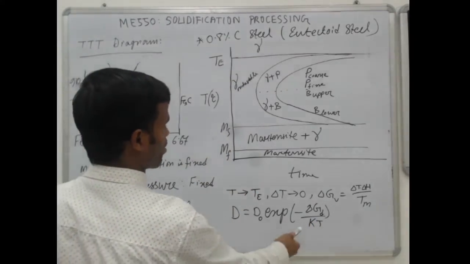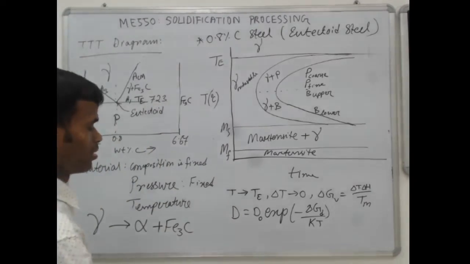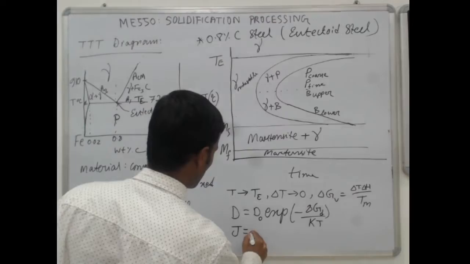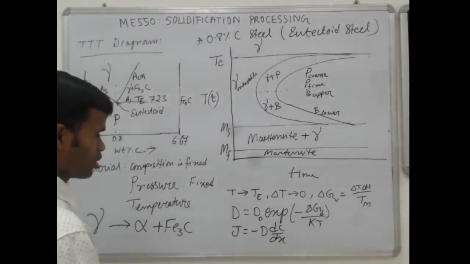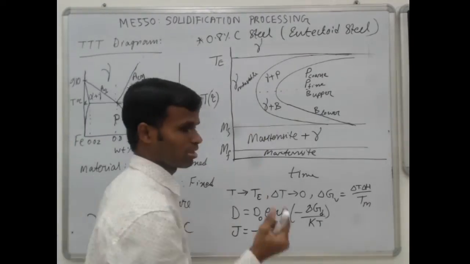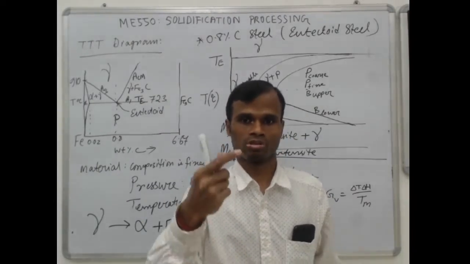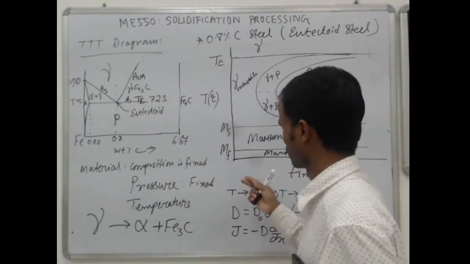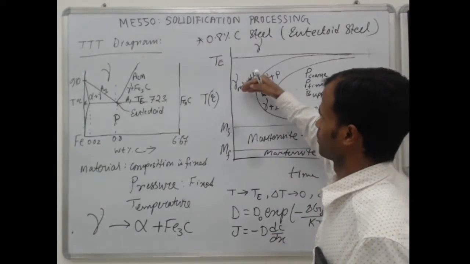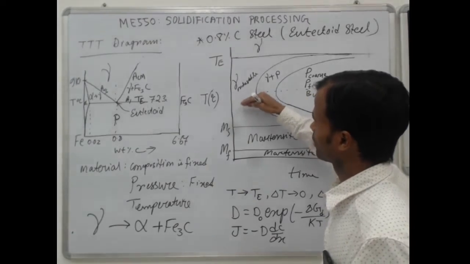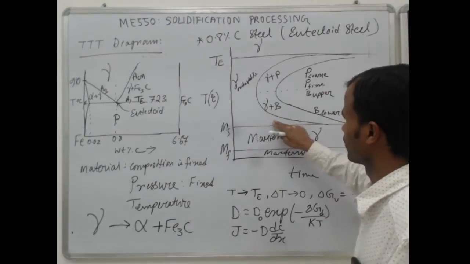So if your temperature decreases, diffusion will also decrease, or say flux is J equals minus D dC/dx. So the flux of atoms, that means the number of atoms that can diffuse through per unit area, also decreases. As a result, diffusion becomes very difficult in this region. As you go down, it becomes more and more difficult, and you would require more time for nucleation.